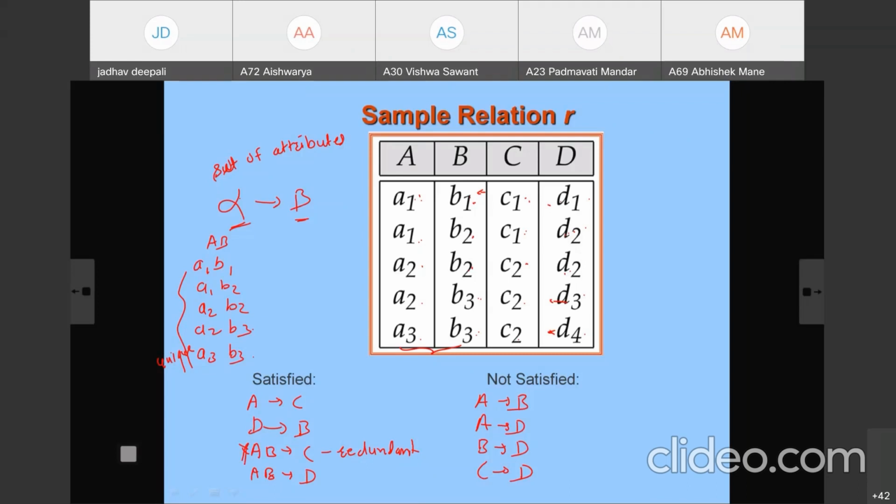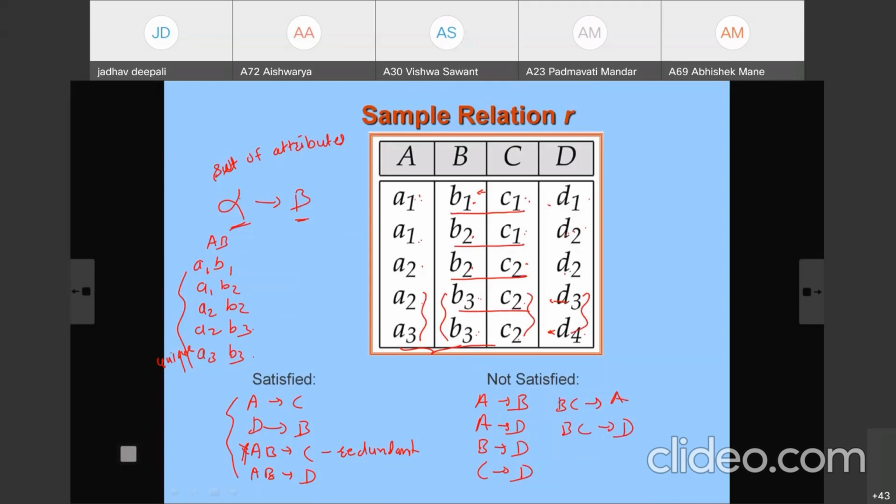So, in this way, you can check for B and C together. Is it possible? B and C, these together, these together. No, both become same. So BC does not hold on A, BC does not hold on D. So here these are some functional dependencies which are satisfied on this relation, and these are functional dependencies which are not satisfied.